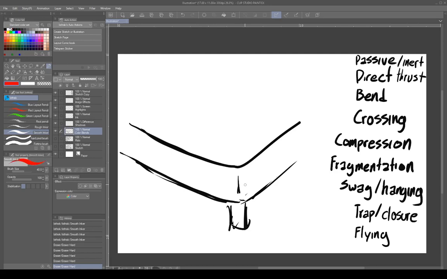So I'm going to switch the color of my tool here. Anytime a sheet's laying inert, it might have these kind of compression wrinkles because bed sheets have been pushed down or aside, and so they're going to come up and make kind of pipe-looking things.